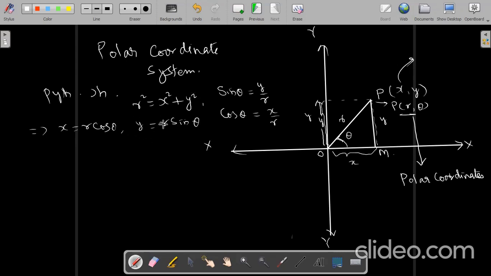So x square plus y square, if you put x equal to r cos theta and y equal to r sin theta, then the right hand side will obviously be r square. So this is the relation between the Cartesian coordinate system and the polar coordinate system.